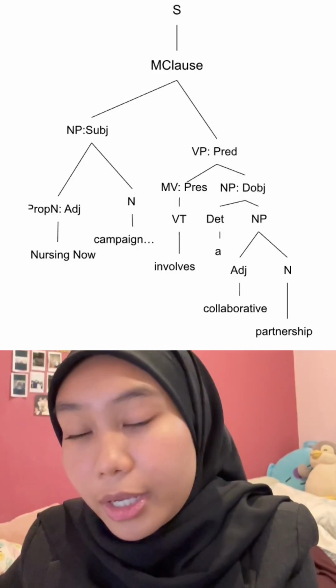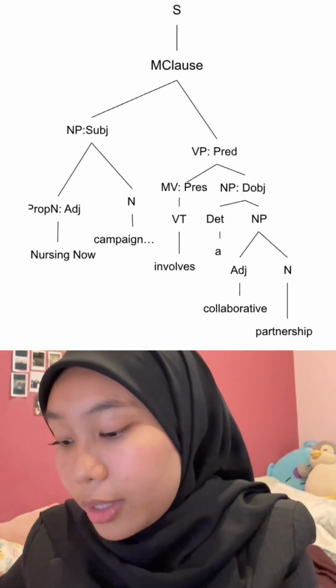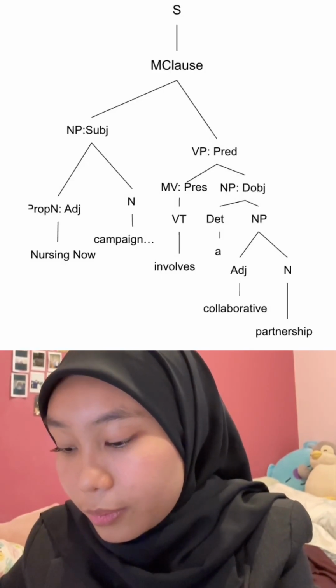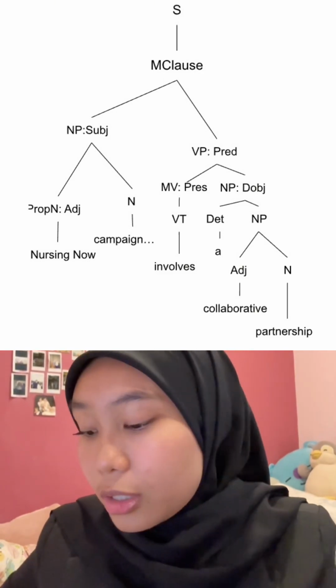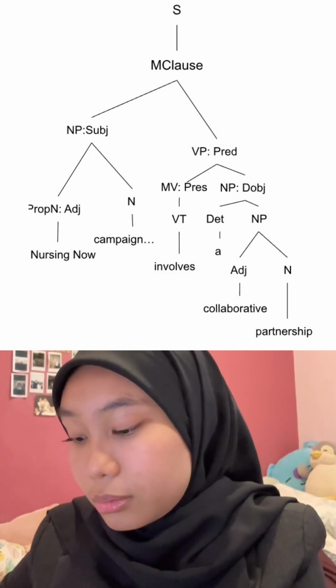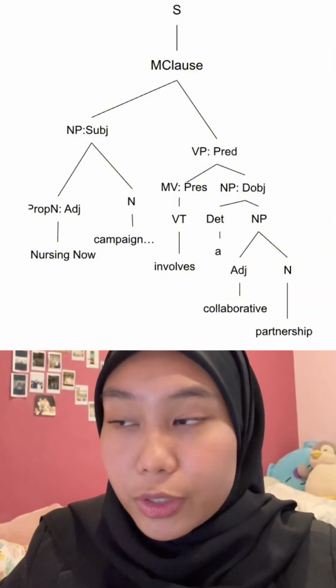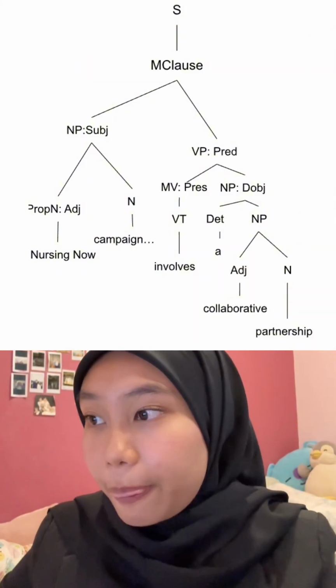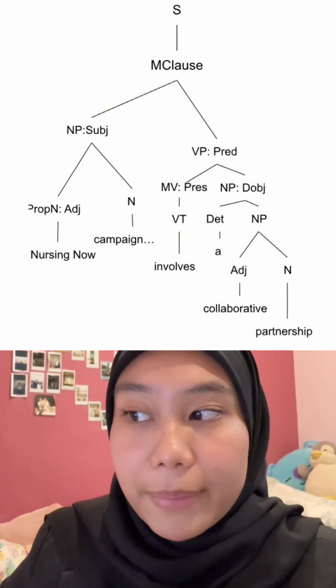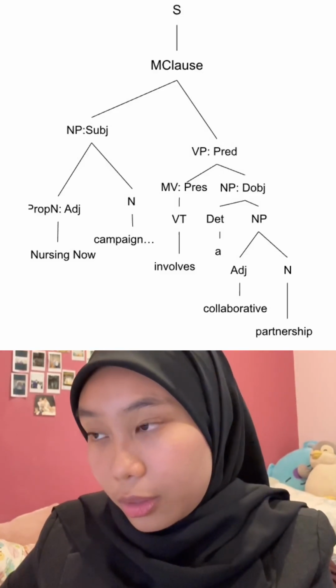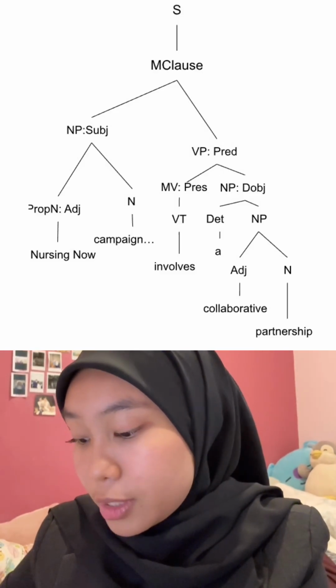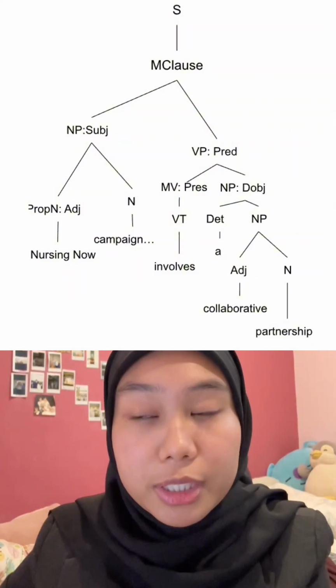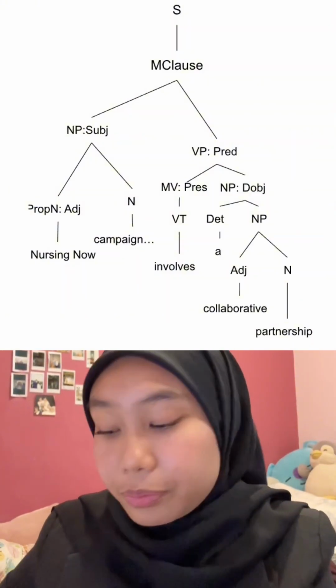To diagram the main clause, first put subject, and then write main clause. Under the main clause, we state the subject first, which is the noun phrase subject: the Nursing Now campaign. First, the Nursing Now is a proper noun.